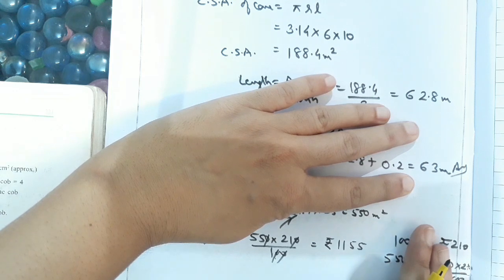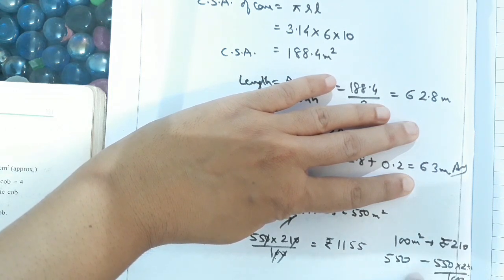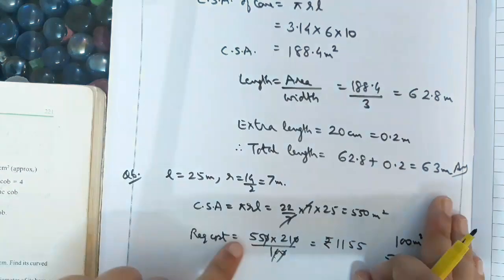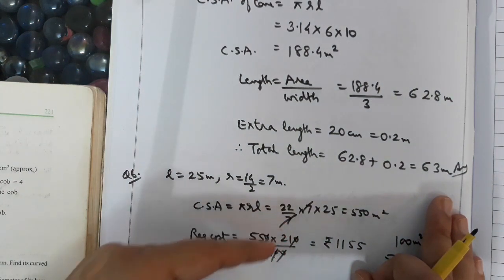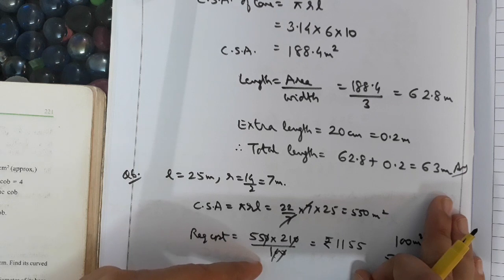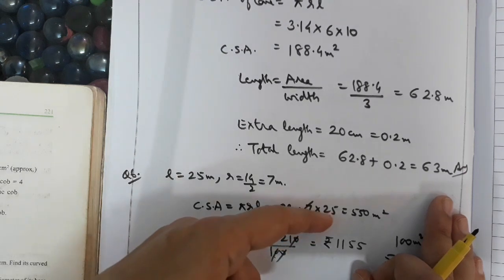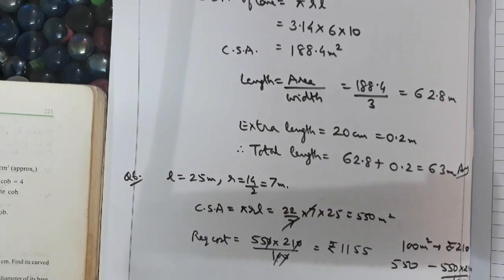No need to show this working. This is only done to make you understand. You can directly do it: curved surface area into 210 divided by 100. So this comes out to be rupees 1155.